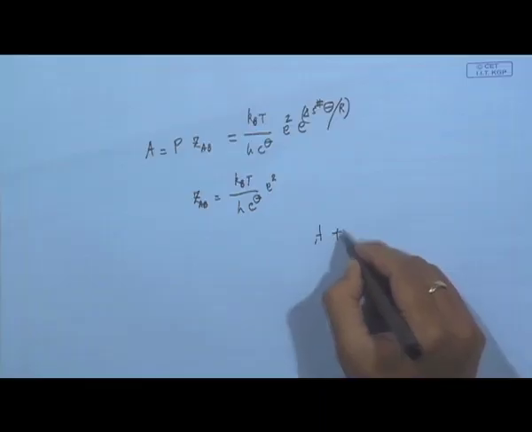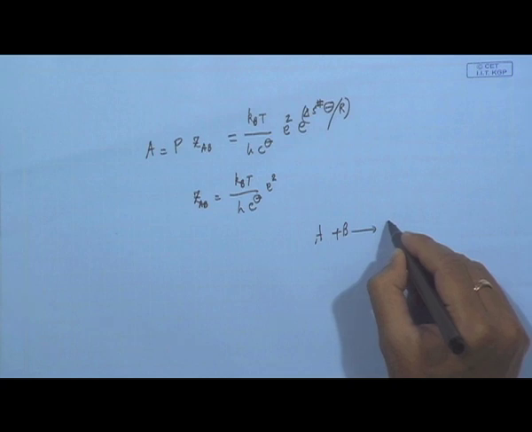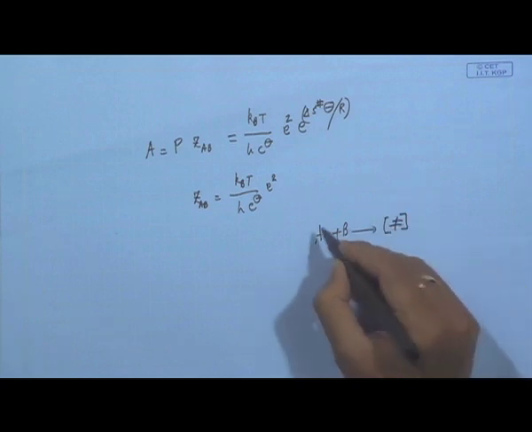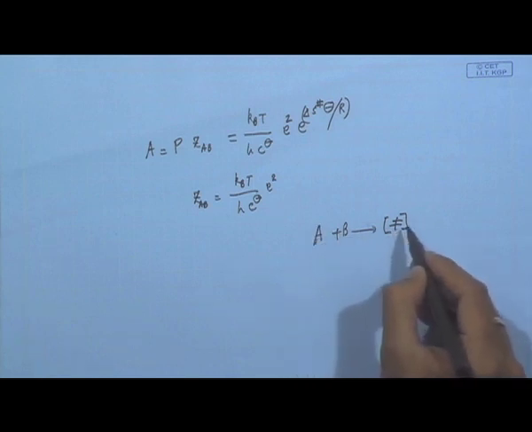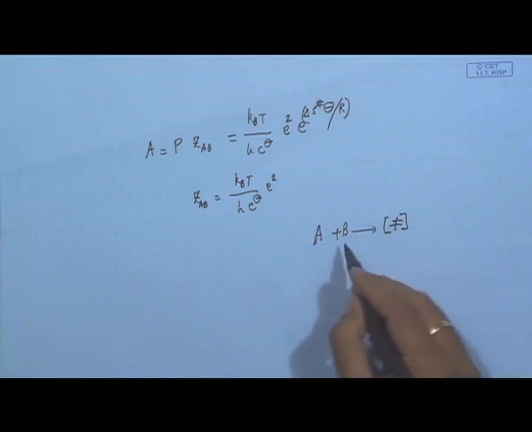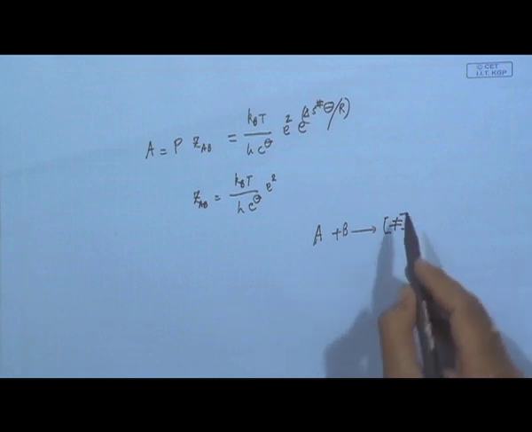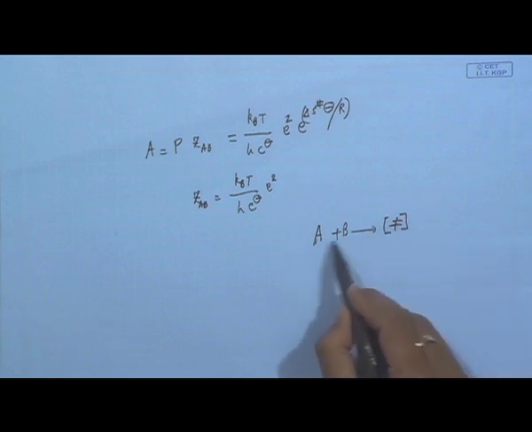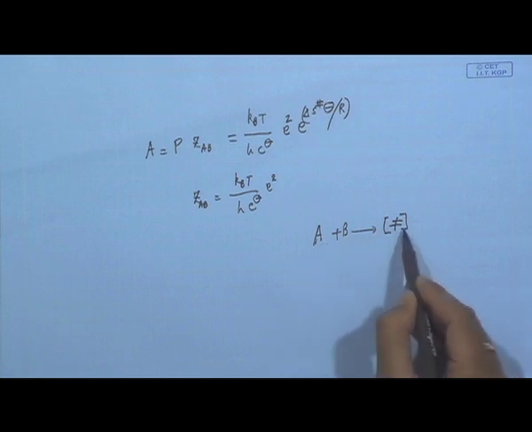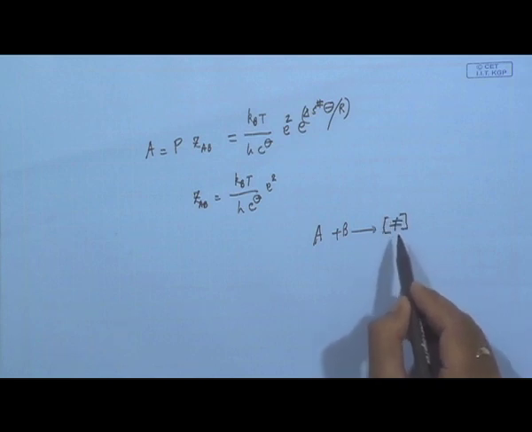So, if A plus B gives rise to the activated complex, then you are having two molecules over here and you are generating a single molecule, only one species on the right hand side.